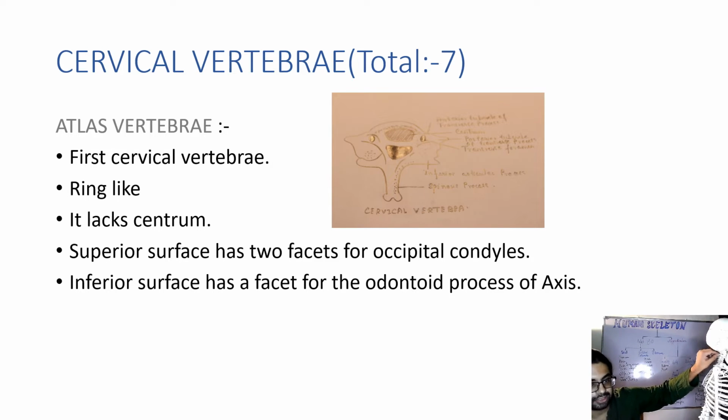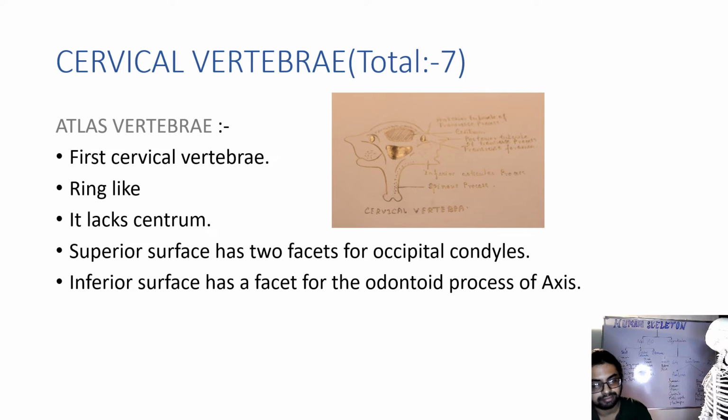The first cervical vertebra is known as atlas. Which I have shown to you, you can see the picture. This is the atlas vertebra and it is the first cervical vertebra out of the 7. It is ring shaped and it lacks centrum.